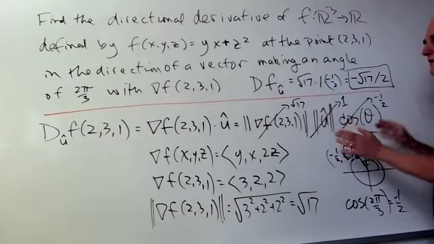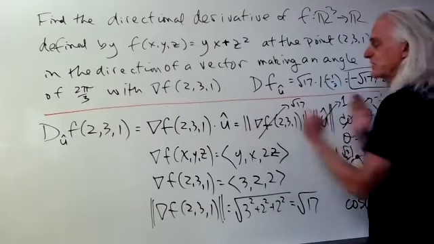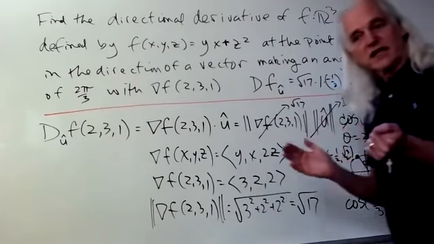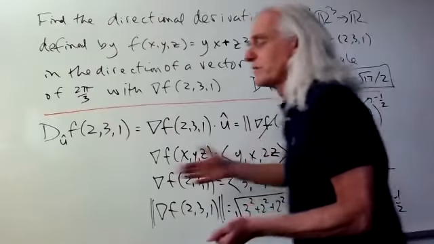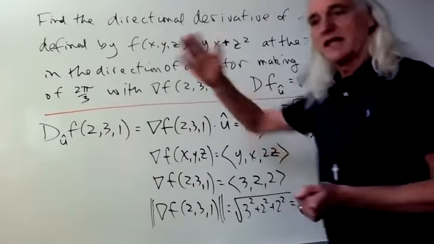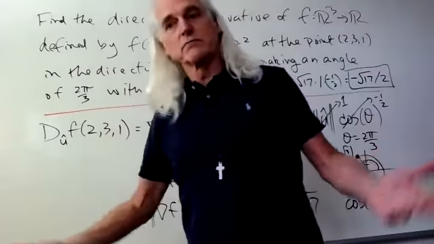Cosine of 0 is 1. So the biggest the directional derivative can ever get is the magnitude of the gradient. The smallest the directional derivative can ever get is the negative of the magnitude of the gradient, when theta is pi, or 180 degrees, and the cosine of theta is negative 1.